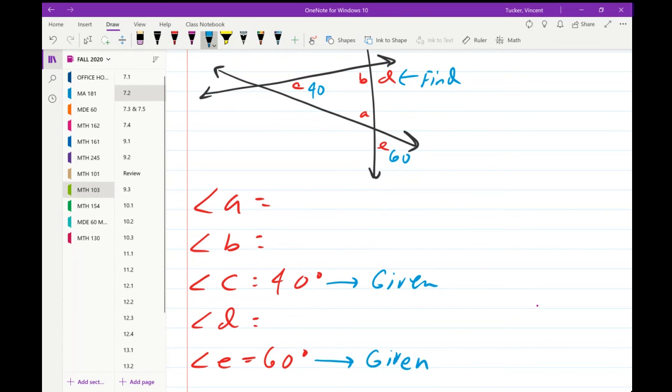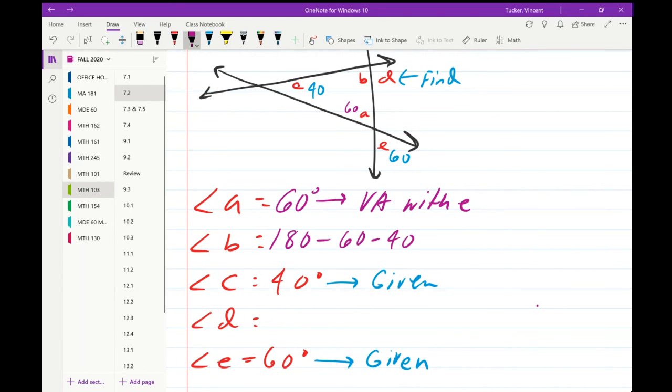So we can see that angle A is going to be 60 degrees, and that's because it is a vertical angle with E. So now that we have angle A, we can find angle B. So we would take 60 and 40 and subtract them from 180.